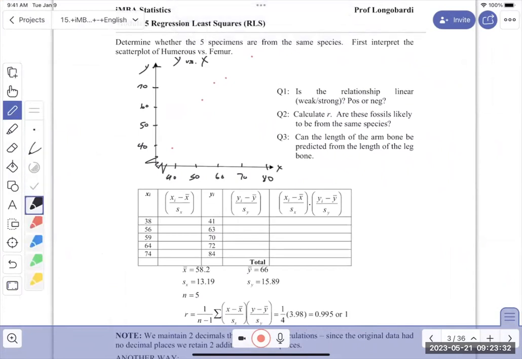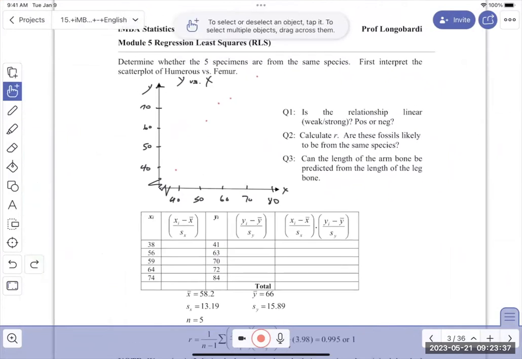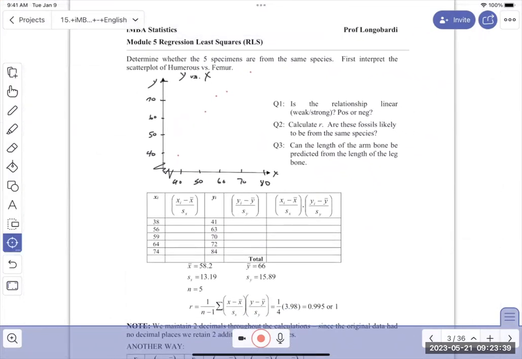In these calculations here, I rounded everything to 2 decimals going through. It's a little bit different, but the same. It's still 1 when you round it.